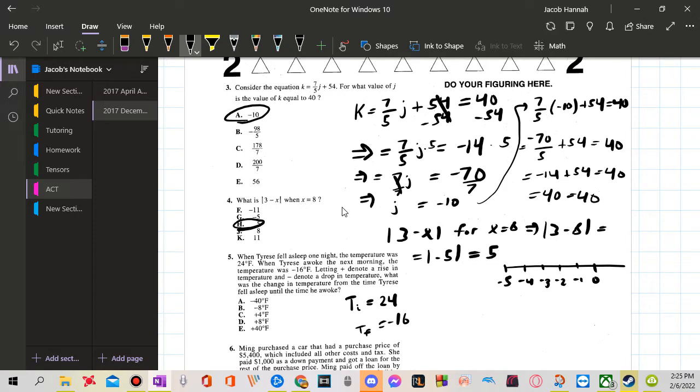So final minus initial is equal to negative 16 degrees Fahrenheit minus the initial temperature, which is 24 degrees Fahrenheit. And negative 16 minus 24, that's negative 40 degrees Fahrenheit. That's our answer for A. Cool.